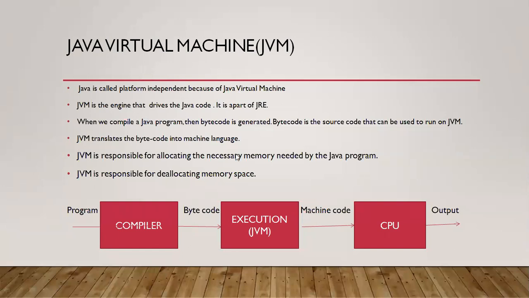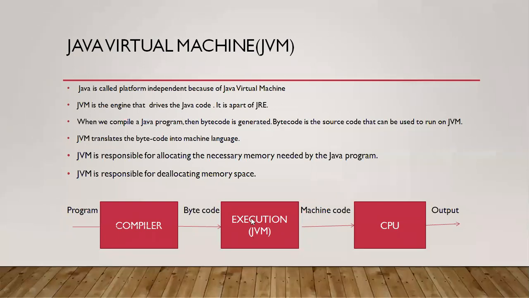Because this Java Virtual Machine will translate the bytecode into machine code, automatically any system which has the JVM unit will translate bytecode into machine code. Whenever we install Java on our laptop or computer, the JVM or JDK is automatically installed on our system.